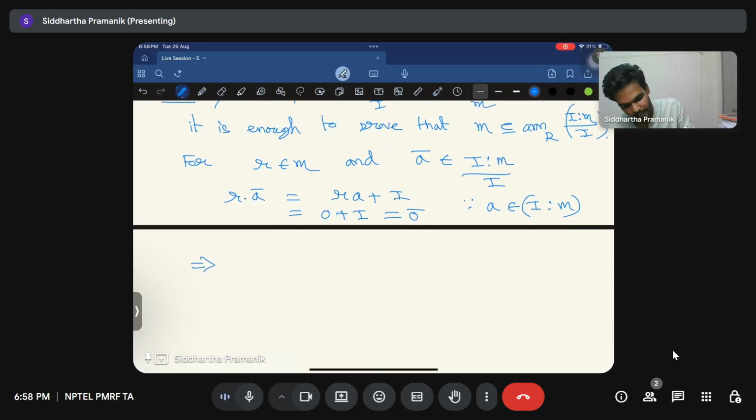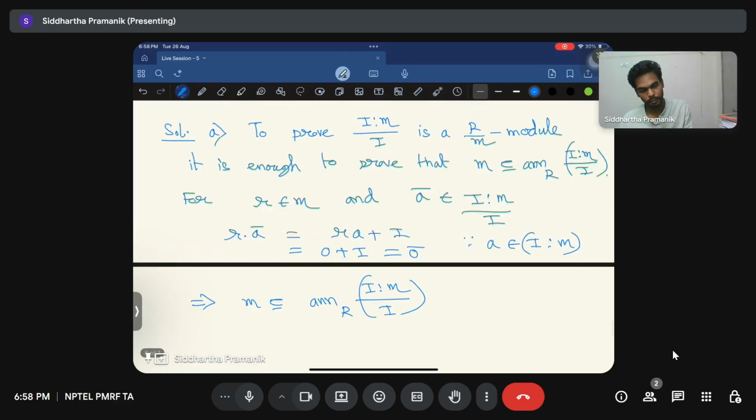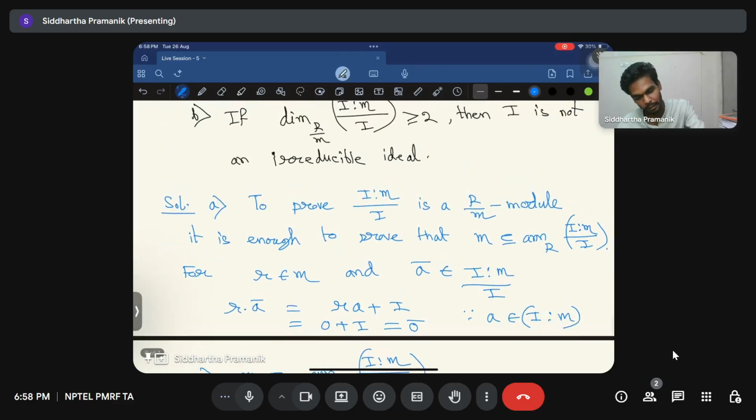So this implies M is a subset of the annihilator of I colon M over I as a module over R. So this proves that this quotient is a R mod M module.